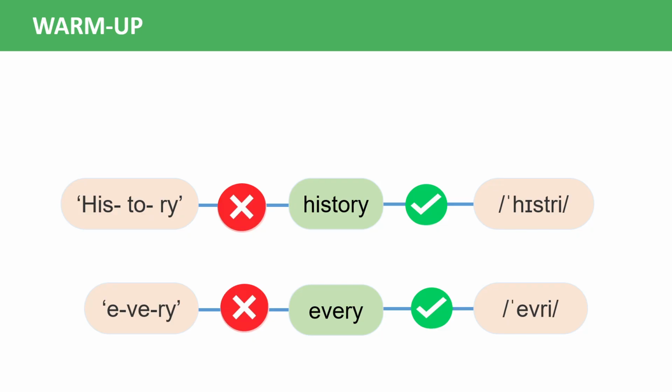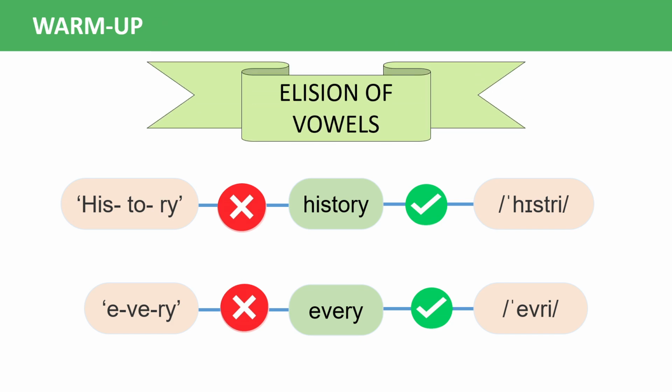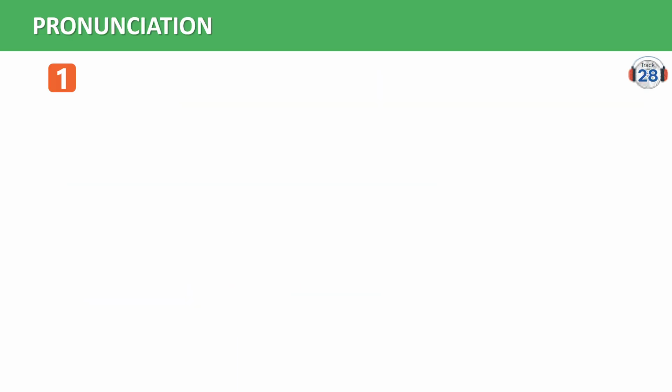Please repeat after me. History. Great. Now, every. Excellent. This phenomenon is called elision of vowels. Now, let's practice some more.